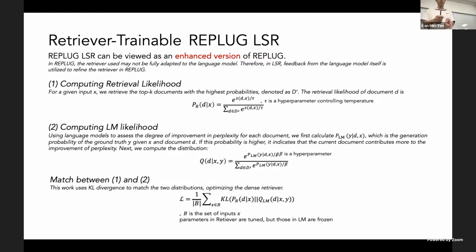The language model likelihood is computed similarly. Both are controlled by a parameter, I think it controls the softness of their matching. The matching between these two just uses the KL divergence. So it's quite straightforward.